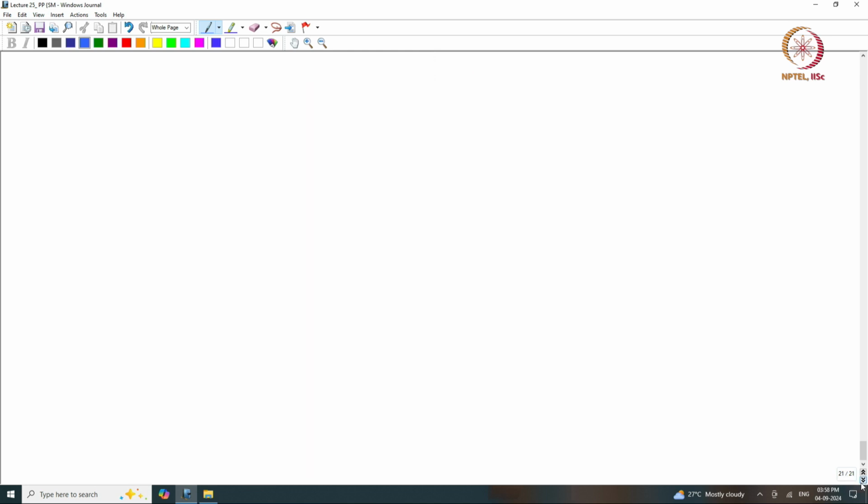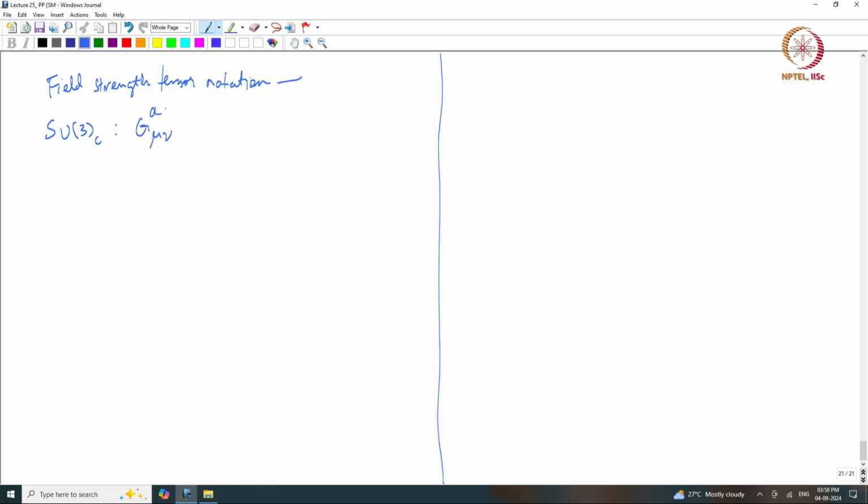One other thing we need to decide on before we write down the Standard Model Lagrangian is field strength tensor notation, because we don't want to keep writing F mu nu for all the field strengths. So might as well call the SU(3) field strength G mu nu, not F mu nu.